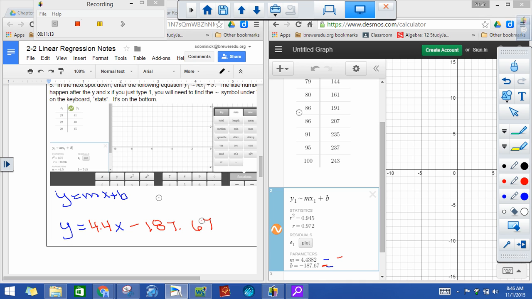I know it's coming in the future, so I would also highly recommend just jotting down your R value so you don't have to come back. So my R value here is right there, so it's 0.972, just so I have it, okay? Alright, so we're going to go on and we're going to do the next example in the same exact way.